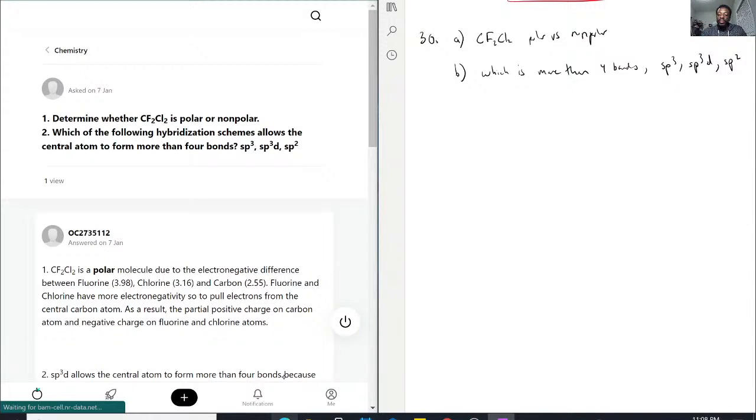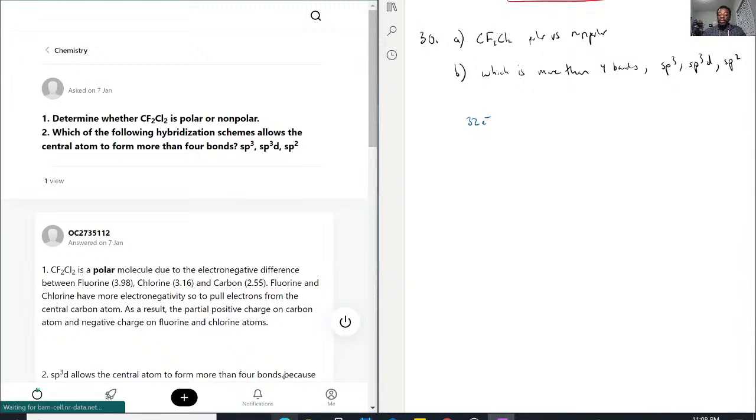Okay? So first part, we want to draw the Lewis structure of CF2Cl2. Carbon, being on the 14th column, has 4 valence electrons. Fluorine and chlorine, being on the 17th column, each have 7 valence electrons. So that's 7 times 4, 28, plus the 4 from the carbon. We're working with 32 electrons.